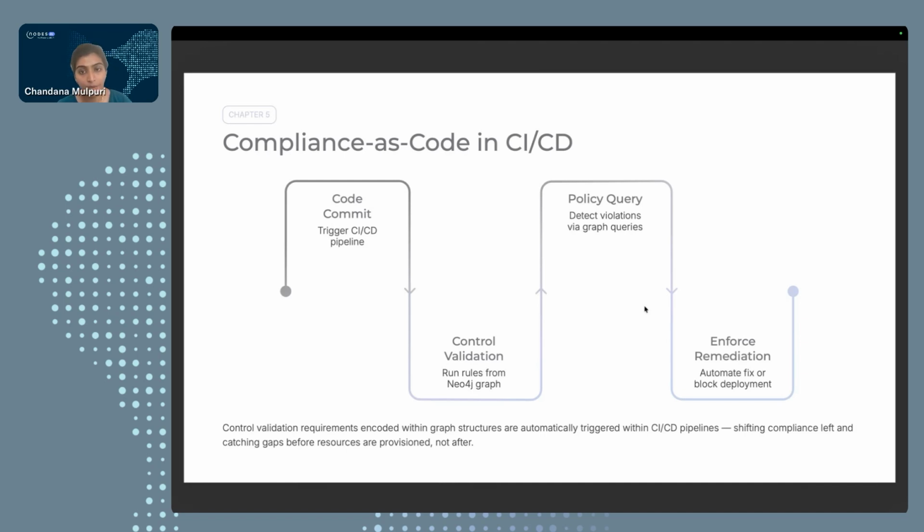The third stage is the policy query, where we detect violations via graph queries. The fourth stage is enforced remediation, where we automate the fix or block the deployment automatically via the CI/CD pipelines. So control validation here means requirements encoded within the graph structures are automatically triggered within the CI/CD pipelines, shifting compliance left and catching gaps even before the resources are provisioned, and not after.